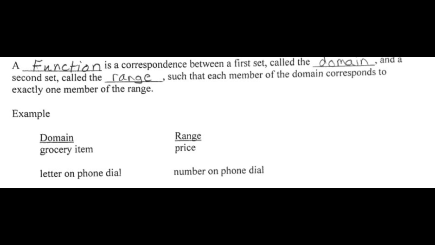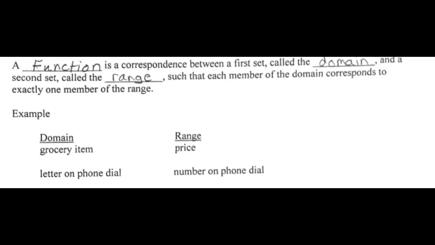What about a grocery item? Every grocery item in the domain is corresponding to one and only one price in the range. So in other words, if you go in today and buy a gallon of milk, you expect there to be one and only one price associated with it.